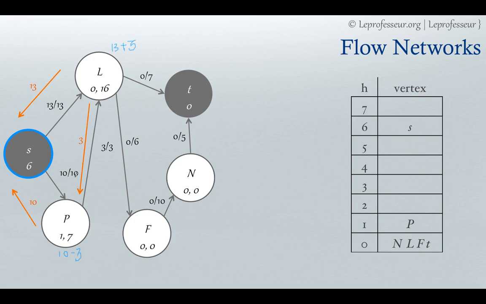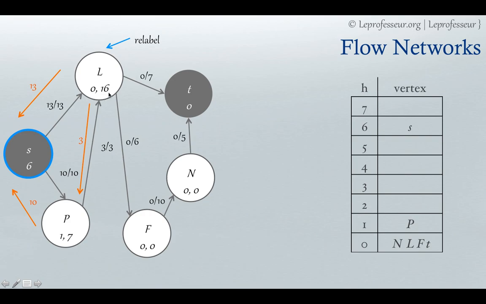As you can see here, the orange edges going backwards are residual graph edges, and we have the flow value 3, equal to how much we sent, for maintaining flow conservation. We discussed this concept in previous lectures, so I'm not going to discuss it again, but these orange edges are extra edges in the residual graph. Now we get another relabel operation because node L has excess flow. It has to transfer it.